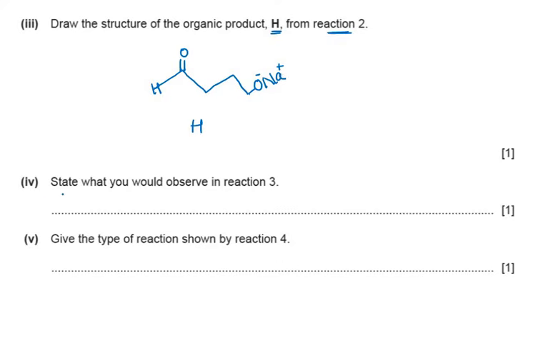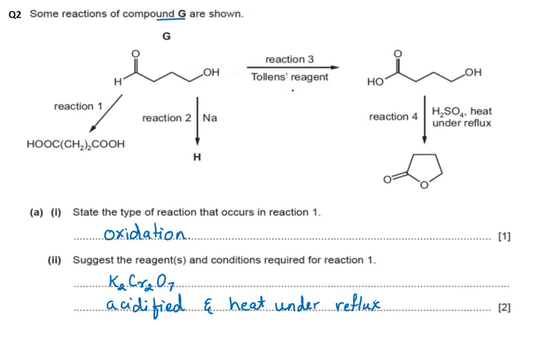The next sub question says, state what you would observe in reaction 3. Now let's have a look at reaction 3 first. Reaction 3 here is a reaction of compound G with Tollens reagent. Now as we know, only the aldehyde part reacts with the Tollens reagent, and it changes to carboxylic acid.